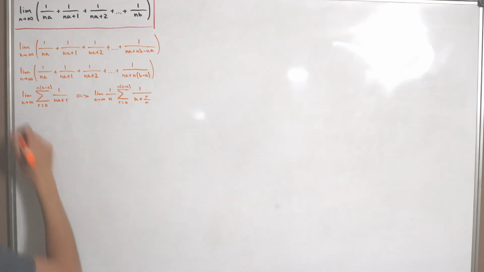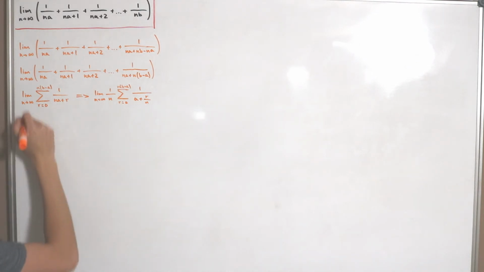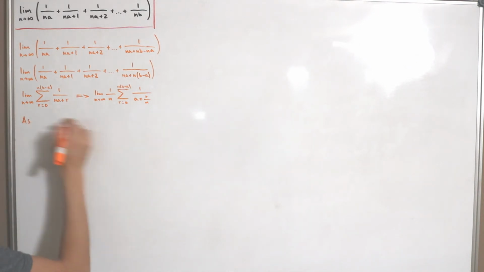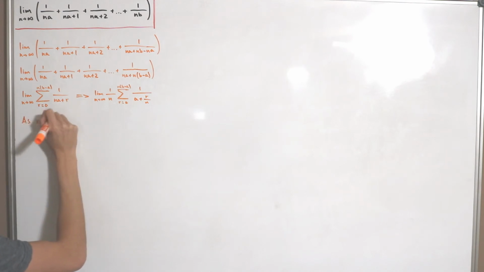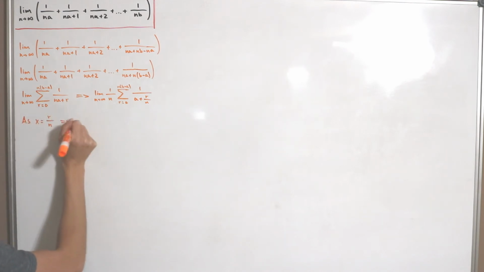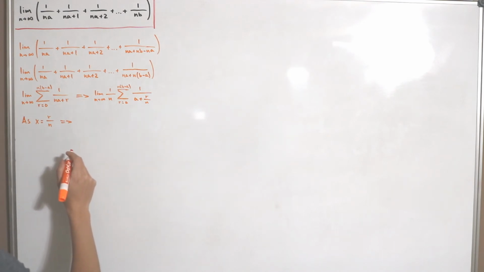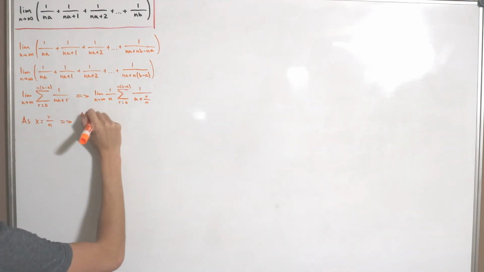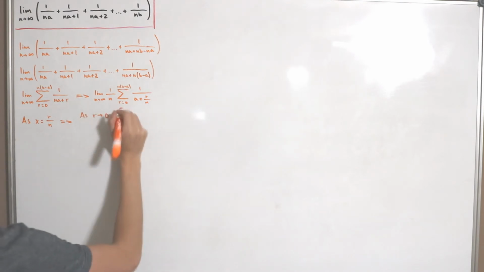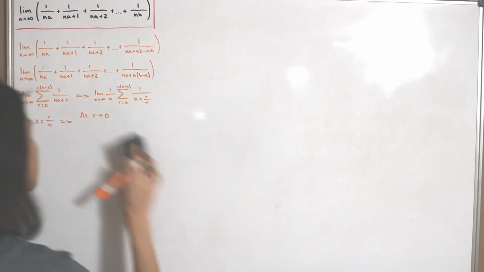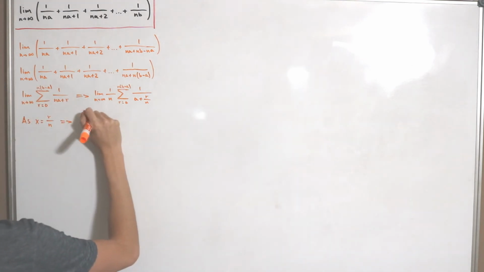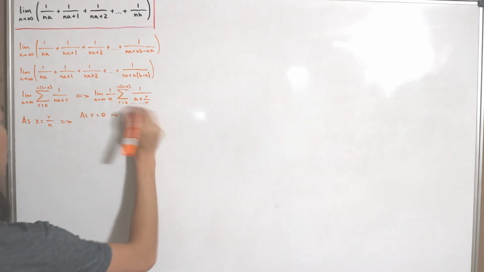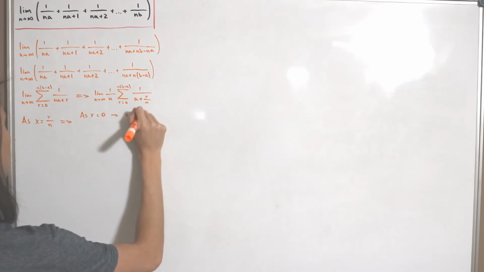From here, I can do some substitution. Let x equal r divided by n. When r equals 0, that's the better way to say it, then x equals 0.